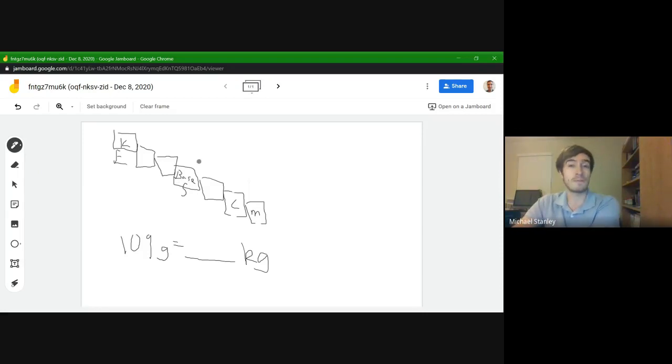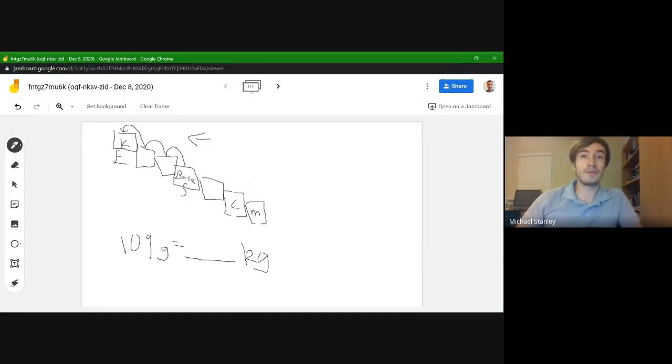Well, in order to do that, we have to go 1, 2, 3 steps to the left, right? Started at grams, ended at kilograms, meant 1, 2, 3 steps to the left.